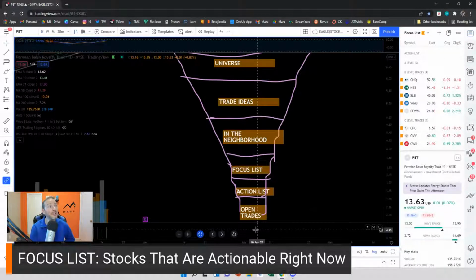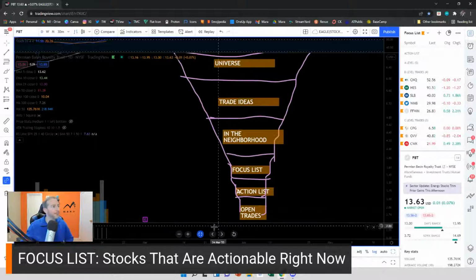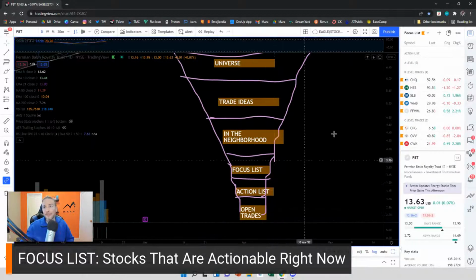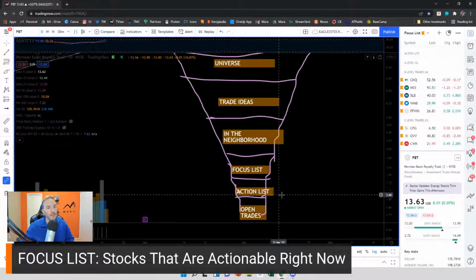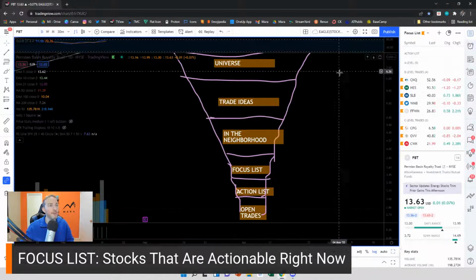That's basically the formula that got me out of the day job, or part of it, I should say. Because there's more to it than just building a funnel, right? So anyhow, that's how we move from the universe down the list, the focus list, and the action and the open trades.